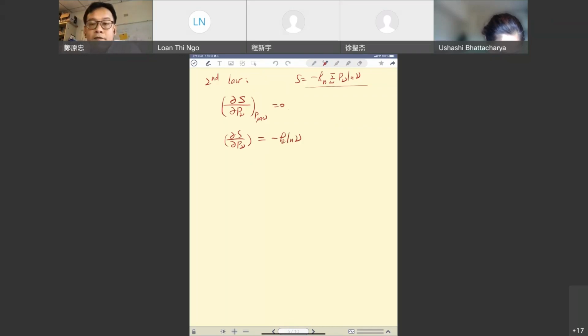If you take the derivative of natural log p nu, you have 1 over p nu, and you multiply by p nu, you get 1. So for this one you have a minus k_B.